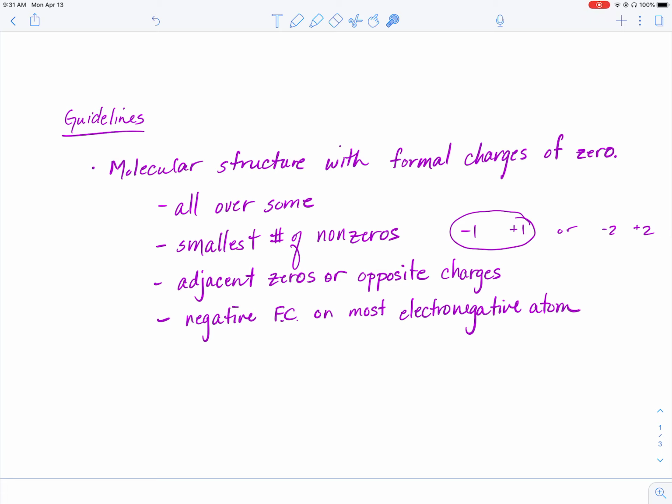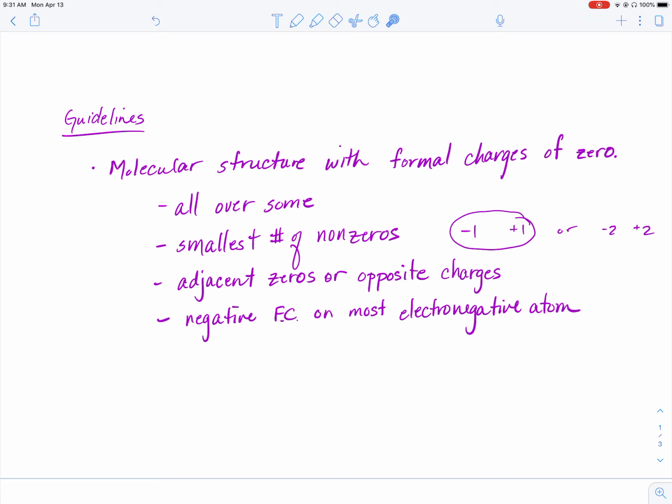And the other thing is that, say, for instance, you have no combinations of structures that have zeros, they're all non-zeros, and it's very difficult for you to discern or use any of these guidelines. This last one would be your last resort.